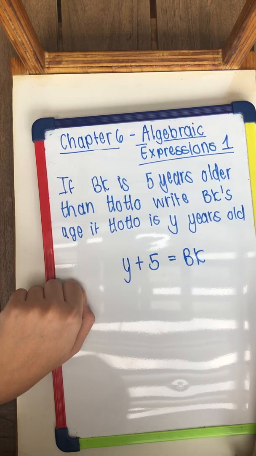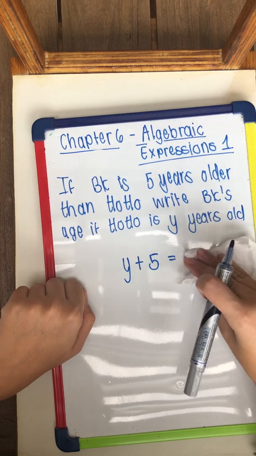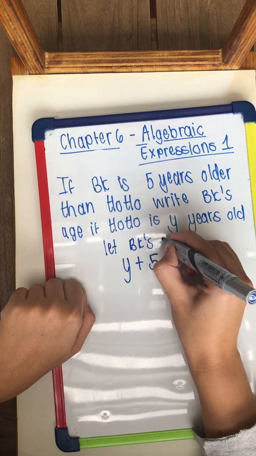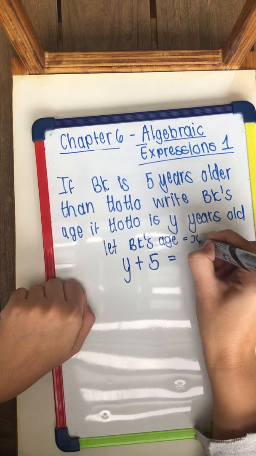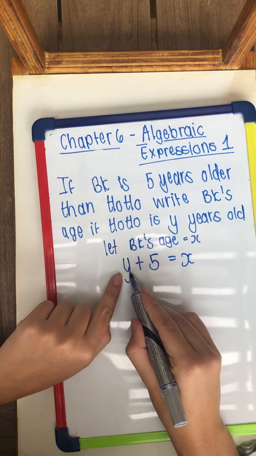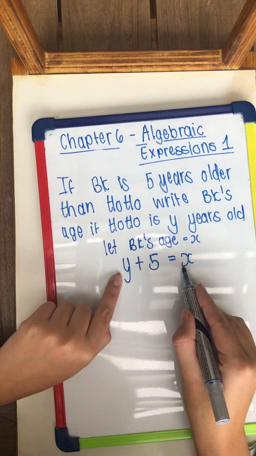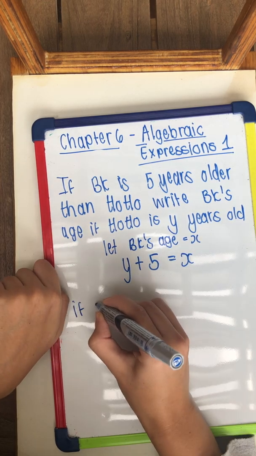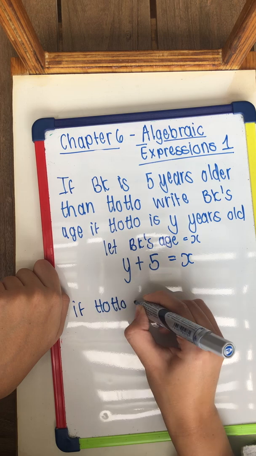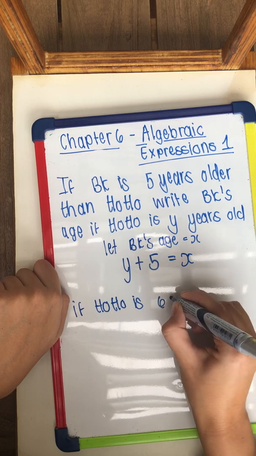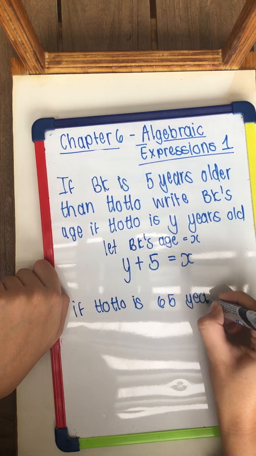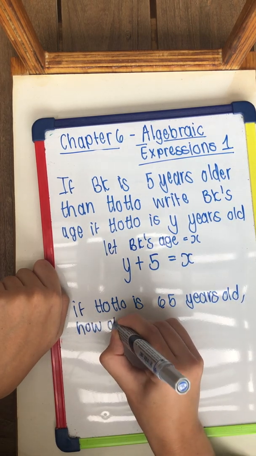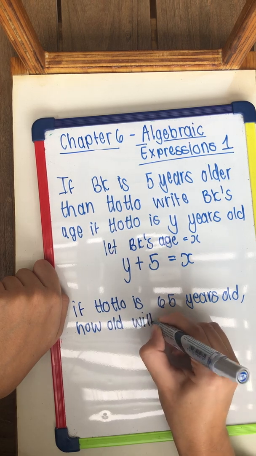To get BK's years. So if I make BK, for instance, X, so we say let BK's age equal X. So I now have to add 5 to Tlotlo's years old to get BK's years old. So if I ask you, if Tlotlo is 65 years old, how old will BK be?